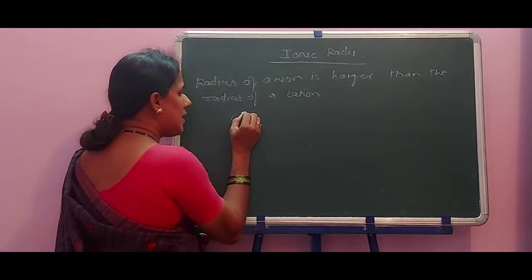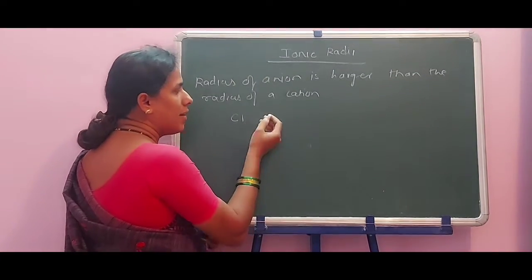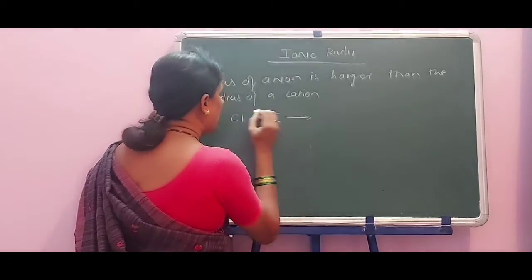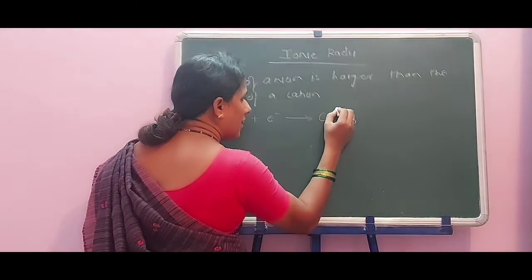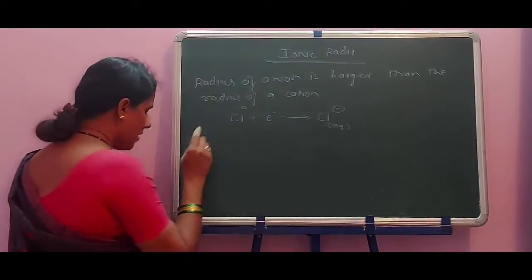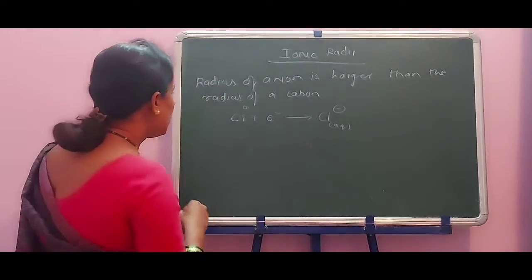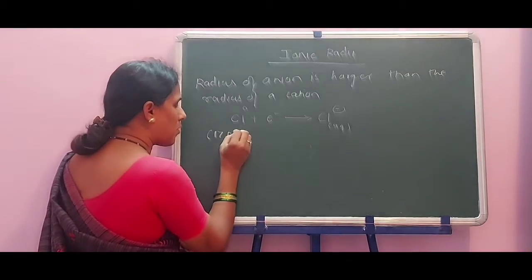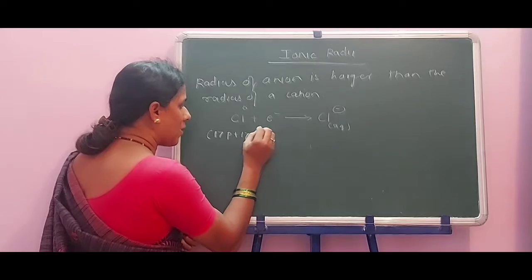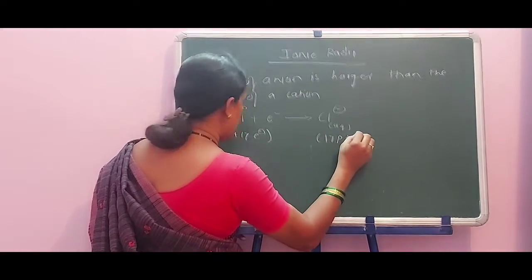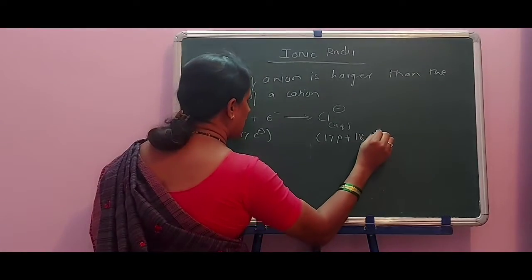That is Cl, which when it accepts one electron becomes negatively charged. Here Cl has 17 protons plus 17 electrons. Then it has 17 protons plus 18 electrons.